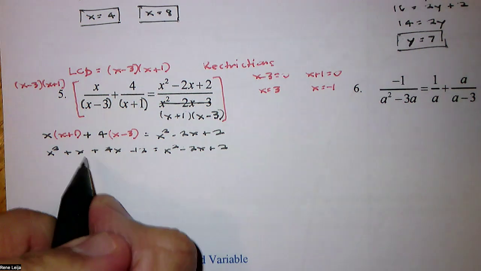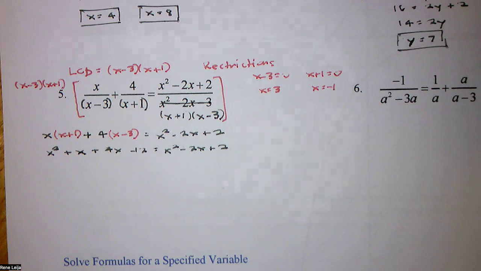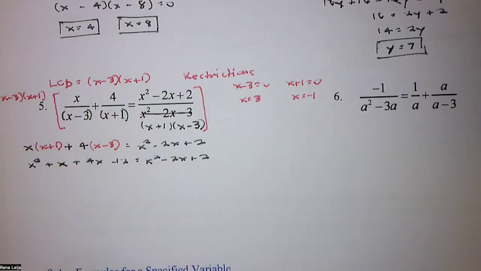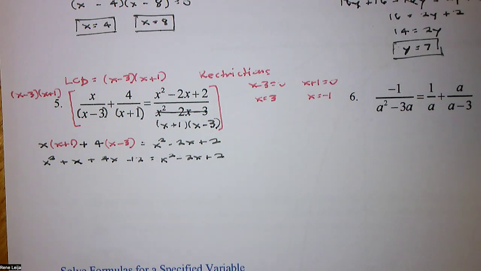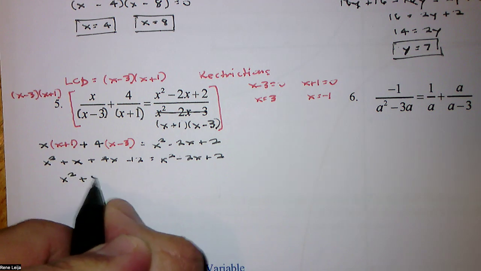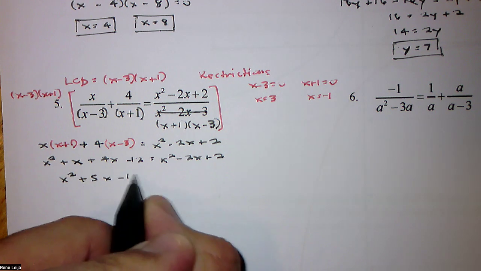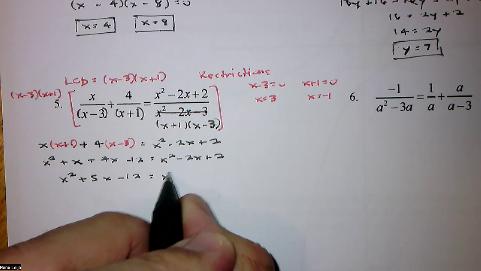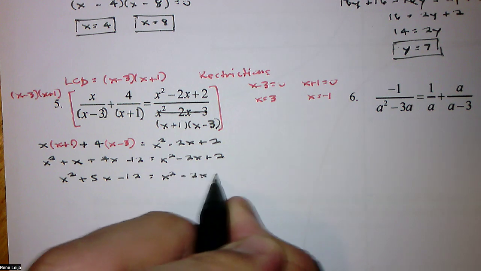Now, we have an x squared, so you should be thinking, if I have an x squared, I'm probably going to have to factor, and you're right. However, let's go ahead and clean this up. Sorry, I'm getting ahead of myself. So this is x squared plus 5x minus 12 equals x squared minus 2x plus 2.